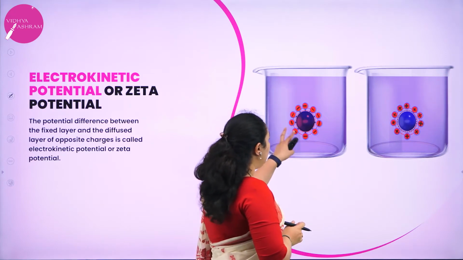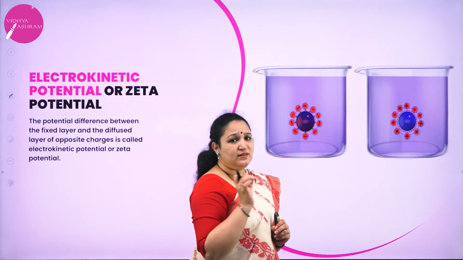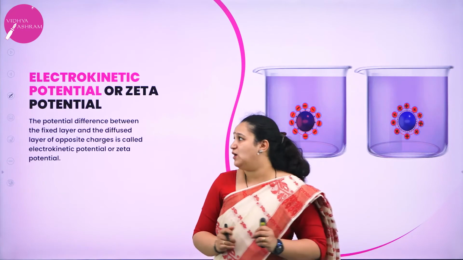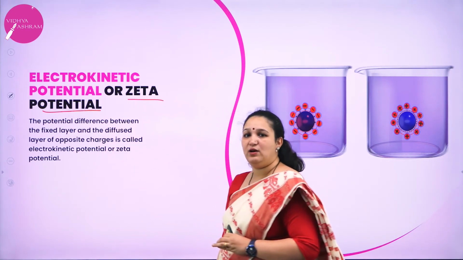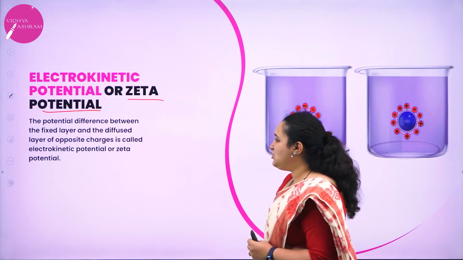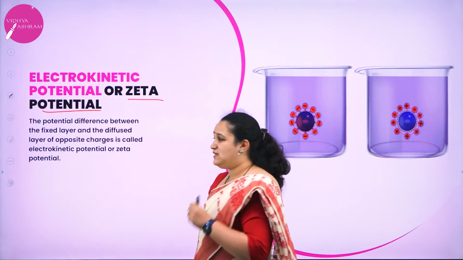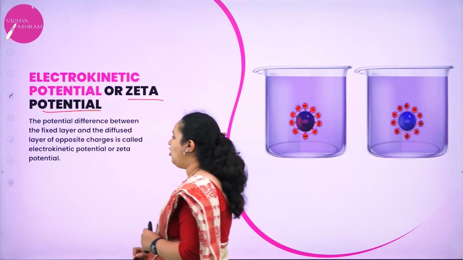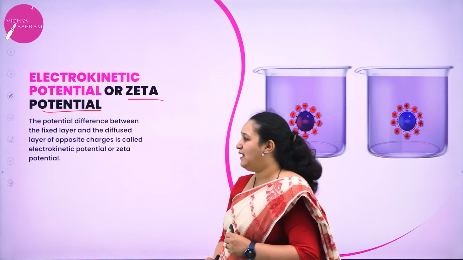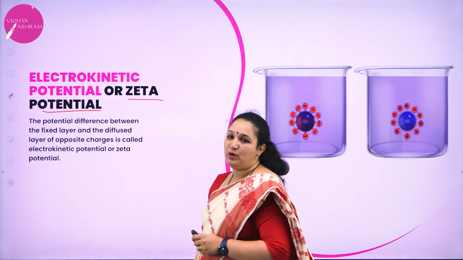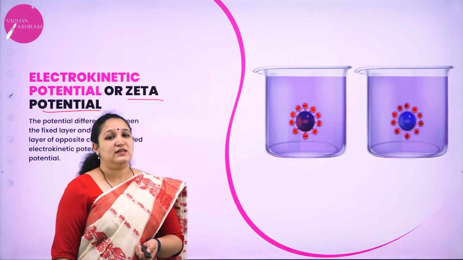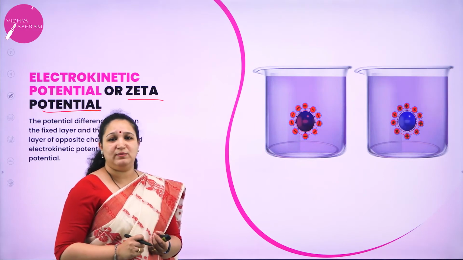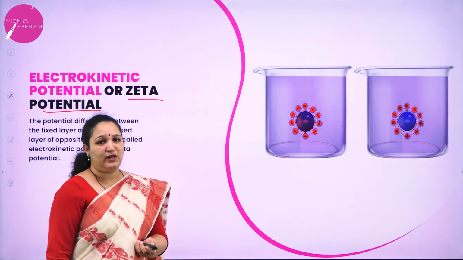Now between these two layers there is a potential developed which we call the zeta potential or electrokinetic potential. The potential difference between the fixed layer and the diffuse layer of opposite charge is called the electrokinetic potential or zeta potential. Okay, so this is about Helmholtz double layer and zeta potential.